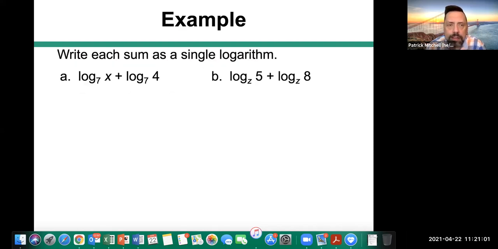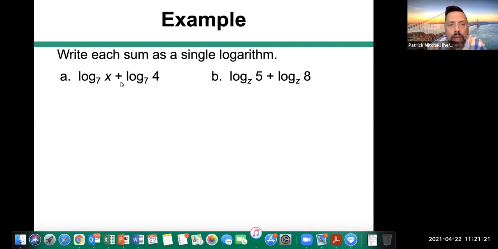So now let's do some examples. Write each sum as a single logarithm, starting with log base 7 of x plus log base 7 of 4. Remember, the sum of the logs is the log of the product.